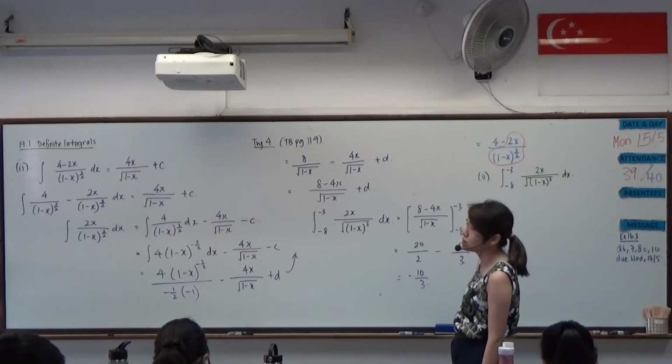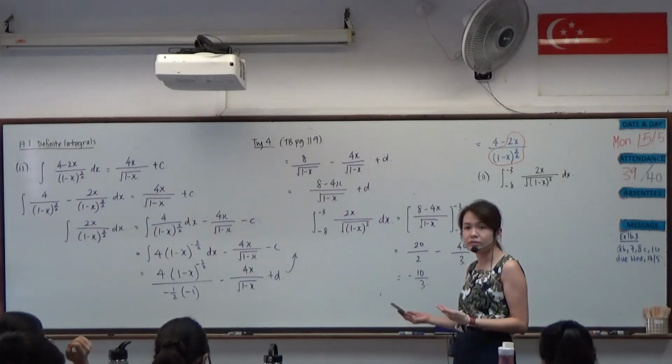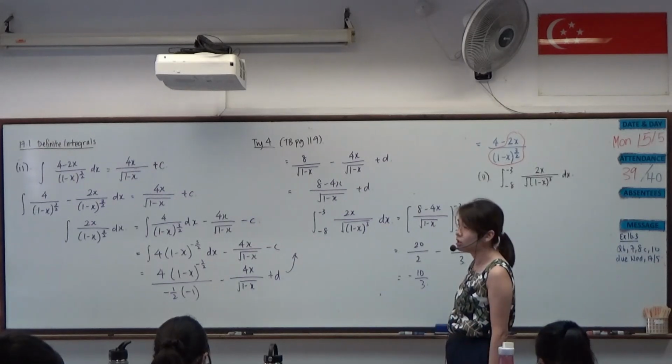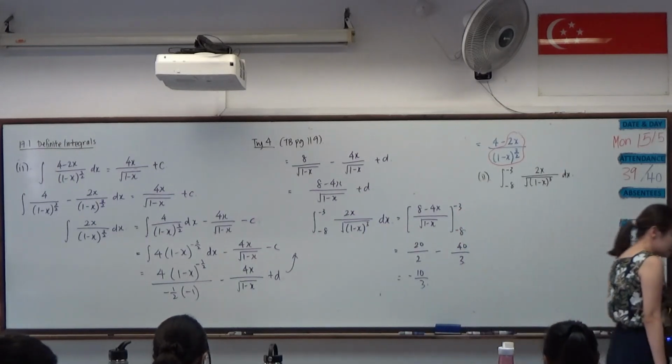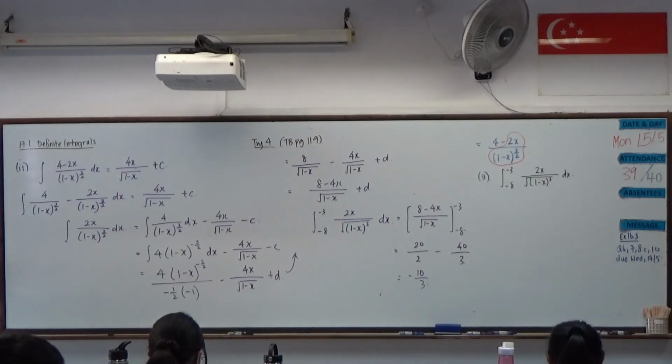Anybody spot anything? My differentiation part. Yeah, I made a differentiation error just now. 4 minus 2x, right? Please differentiate this top, differentiate bottom. Then it is 2x plus 2x. Correct? 4 minus 4x minus 2x. Correct one?